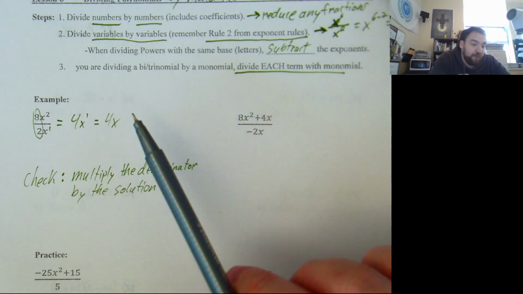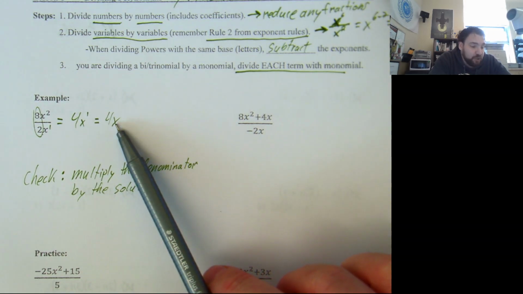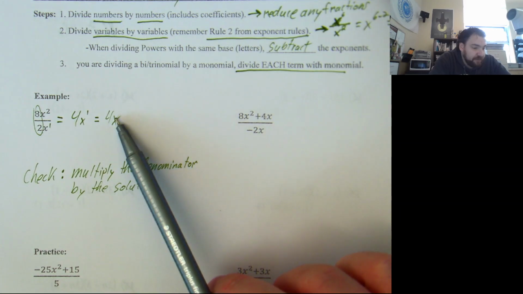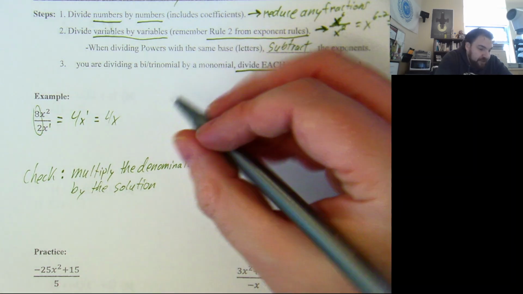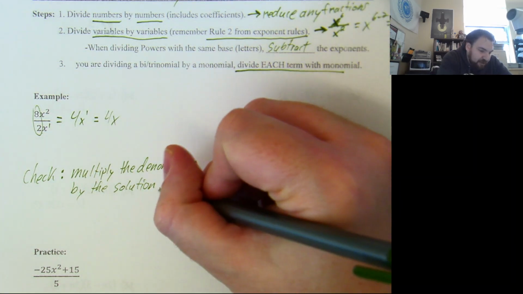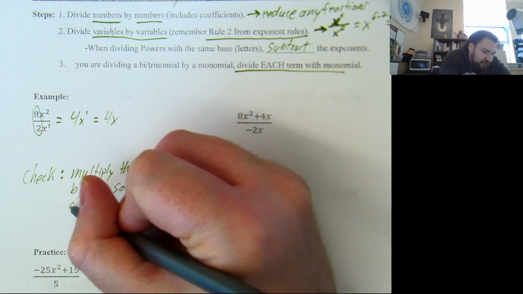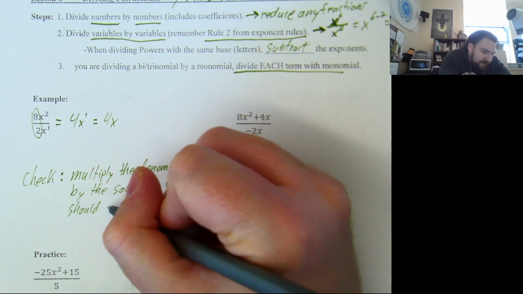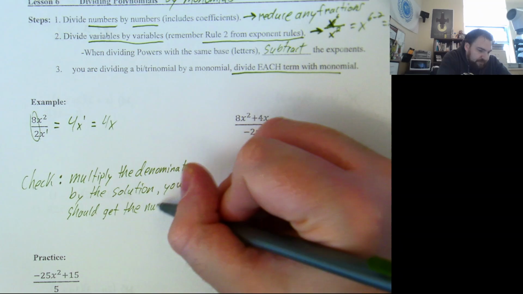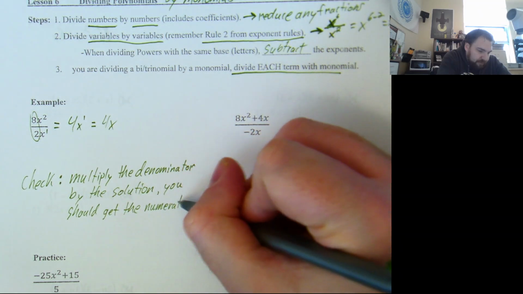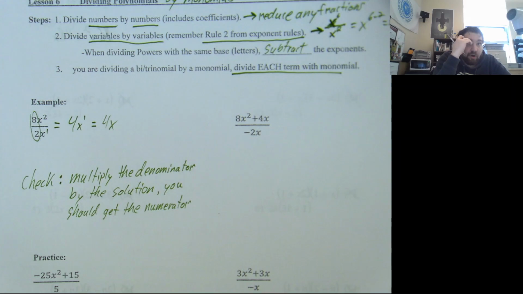So our solution was 4x. If I take 4x and multiply it by our denominator, we should get the numerator. That's the goal.